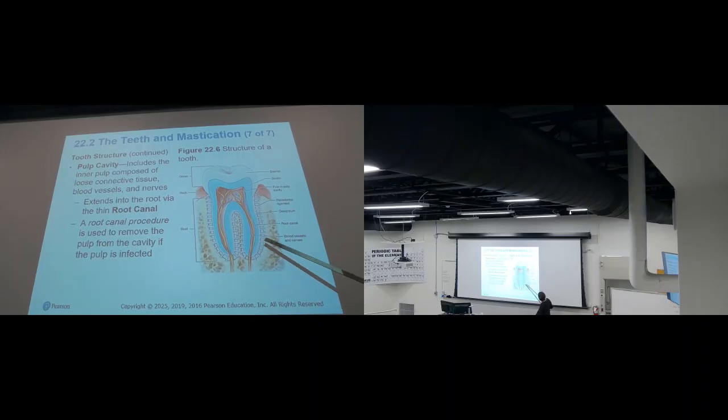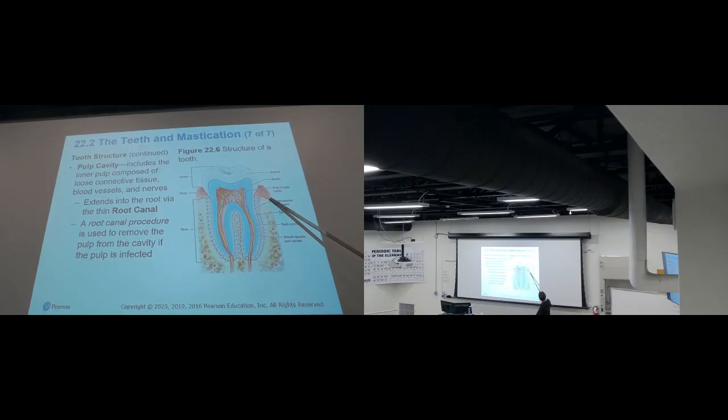The pulp has blood vessels and nerves, and the blood vessels and nerves enter into this part of the root, which has an opening that's called the apical foramen. So this is the apical portion of the root. This is cementum surrounding this dentin, and these are the PDL.